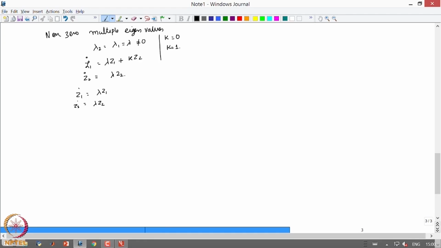So, if I just compare with the first case which I had of z1 dot is lambda 1 z1, z2 dot is lambda 2 z2, which had the relation between z2 and z1 given by z2 equals c times z1 to the power lambda 2 by lambda 1, where c was z2 naught by z1 naught to the power lambda 2 by lambda 1.